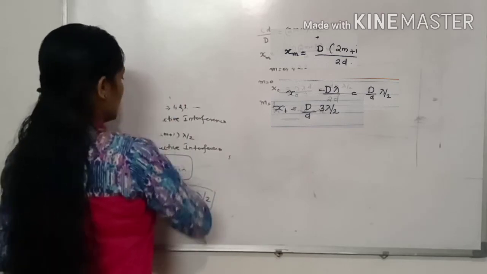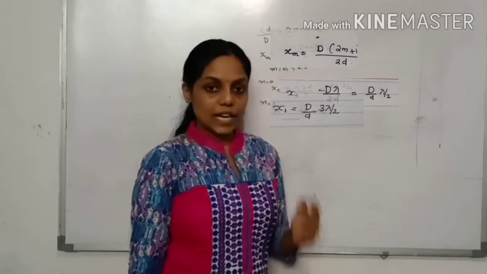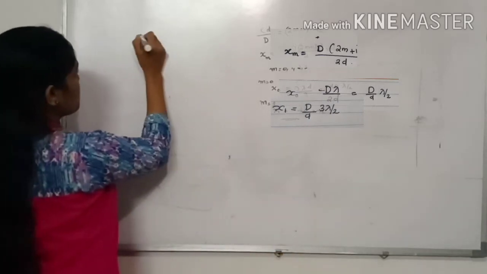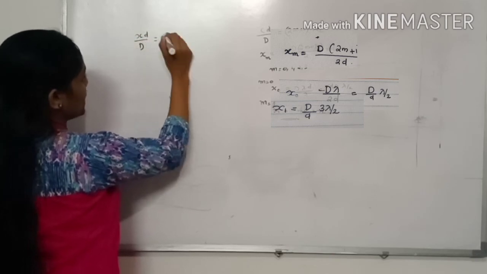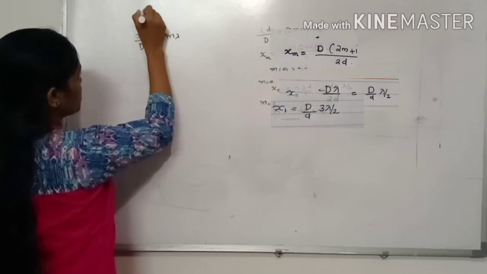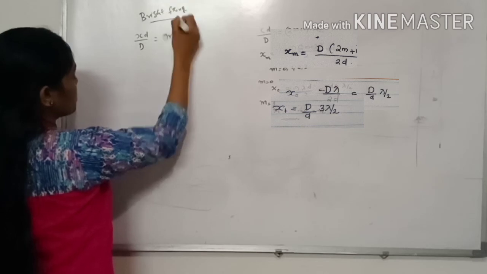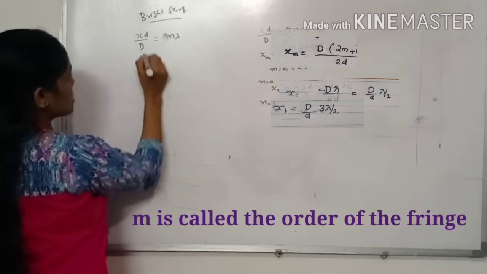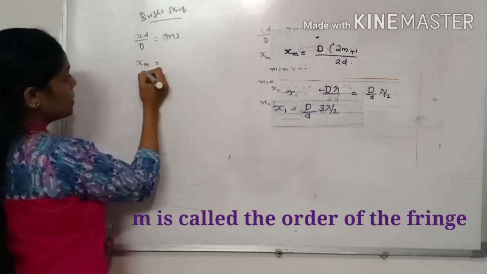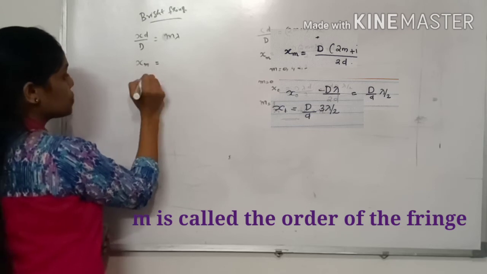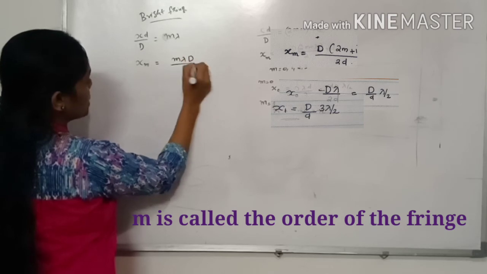And let us check where you will get bright fringes. xd by D is equal to m lambda is the condition for a bright fringe. So the mth bright fringe position is m lambda D by d.